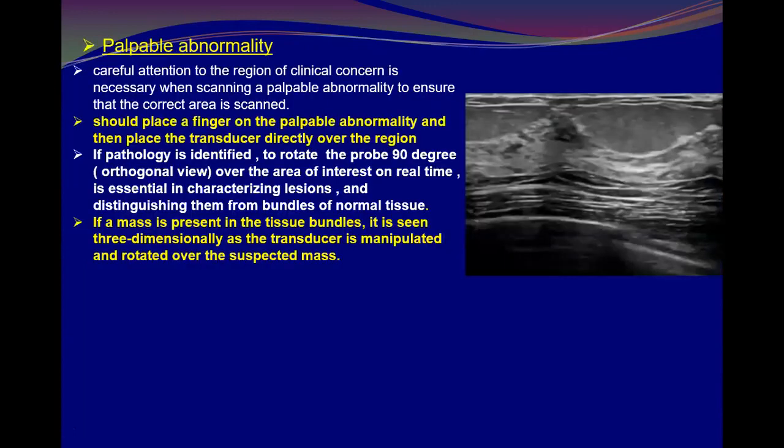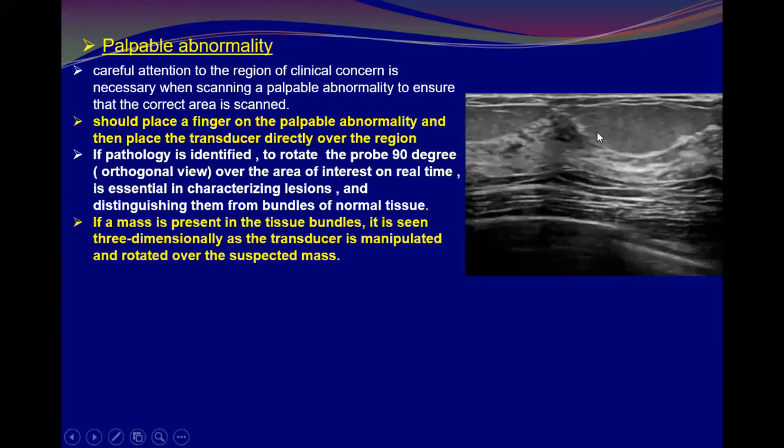This is my case, where the patient has a palpable abnormality. We have to put a finger on the exact area of the palpable abnormality before scanning, and while scanning, make sure the transducer is exactly over that area.